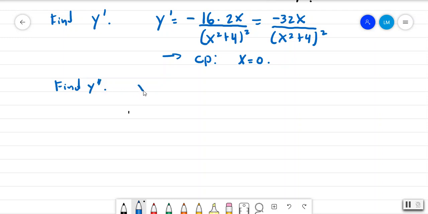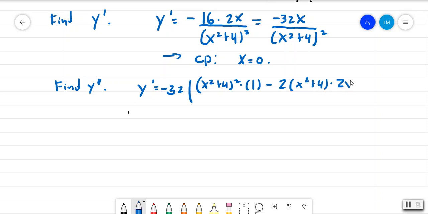Okay, so y double prime is equal to, now negative 32 is just a constant, so let's just leave it at that. So you have x squared plus 4 squared multiplied by 1 minus 2 times x squared plus 4 multiplied by 2x multiplied by x. Okay, that's a little strange, but we'll get there. And all of this is divided by x squared plus 4 to the fourth power.